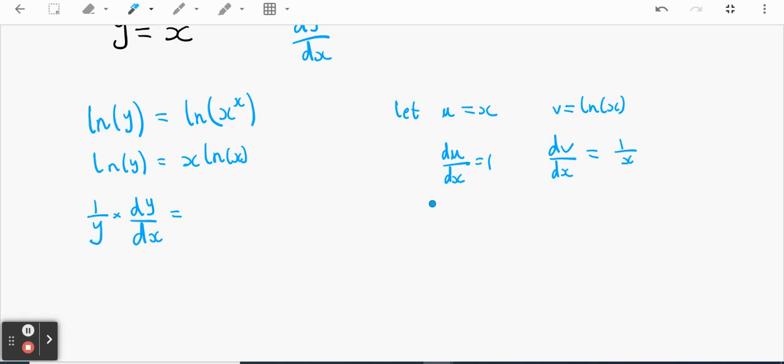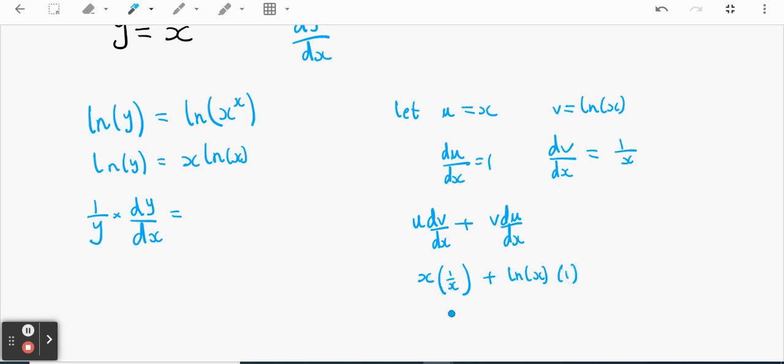And then the product rule is u times dv/dx plus v times du/dx. So we've got u times dv/dx, so that's x times 1 over x, plus v, which is ln of x, multiplied by du/dx, which is 1.